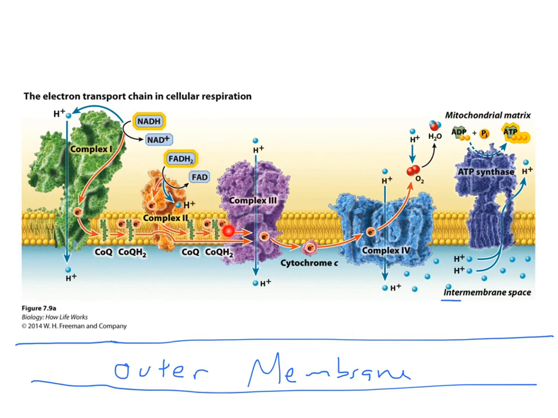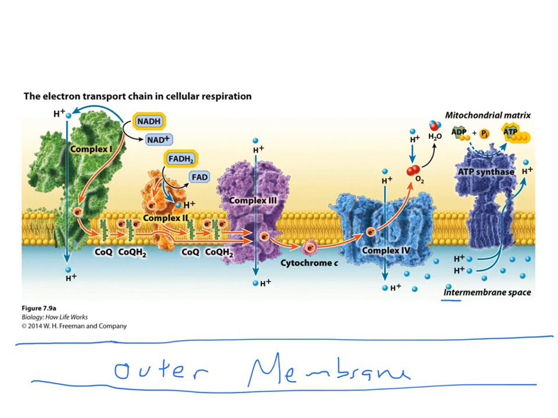The electrons arrive at complex 3. Coenzyme QH2 donates the electrons to complex 3, and we have reoxidized it back to coenzyme Q. I said that twice to make sure that you got it.